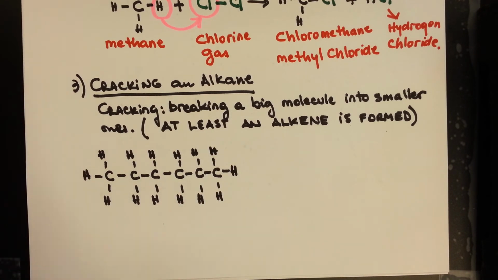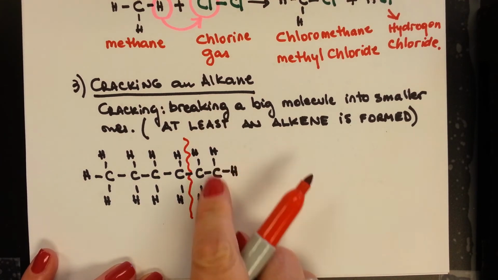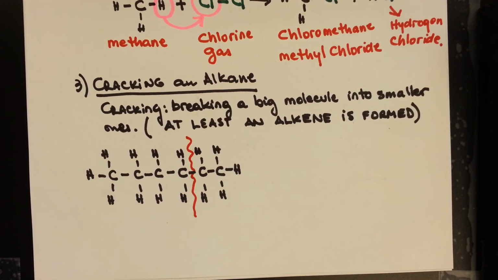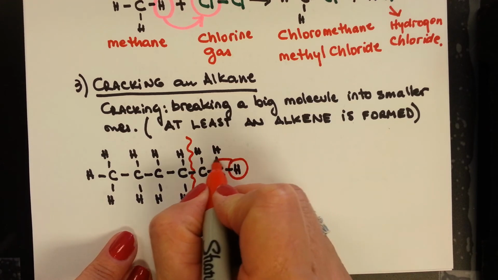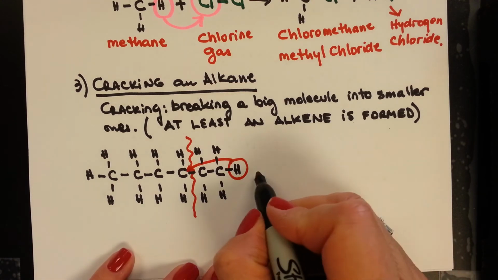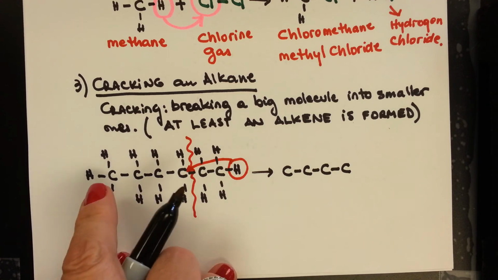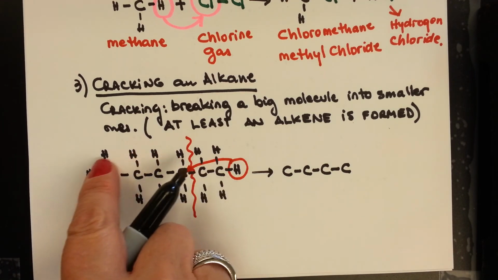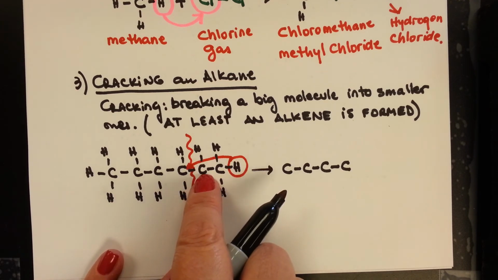Now, what is going to happen is that this molecule will be broken into two. Let's say that it breaks here. One of the molecules is going to be very small at the beginning, and ethene is most of the time obtained. Now, this hydrogen that is here is going to be attacking the carbon here. So what we are going to have is carbon 1, 2, 3, then all the amount of hydrogens plus one more that is replacing this carbon here.